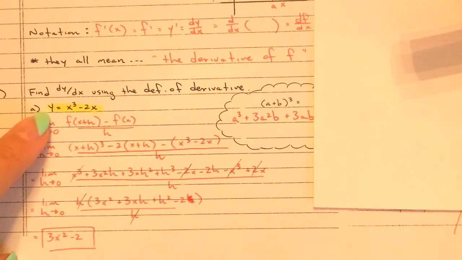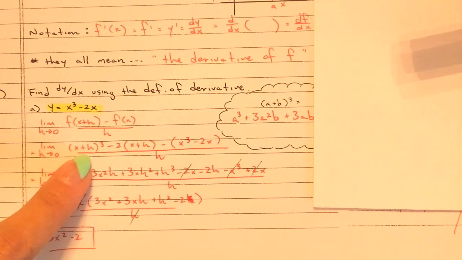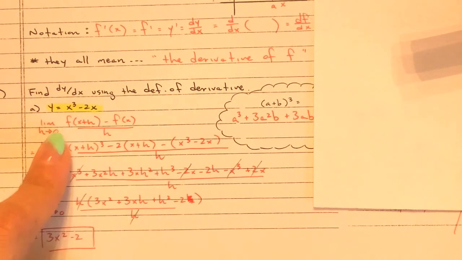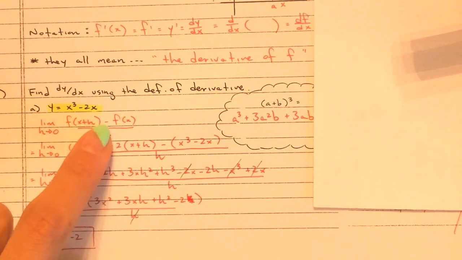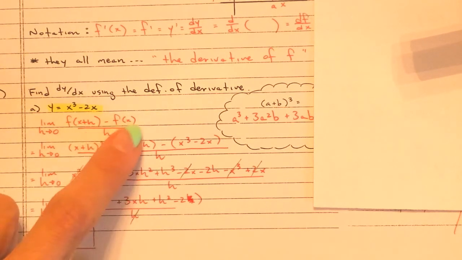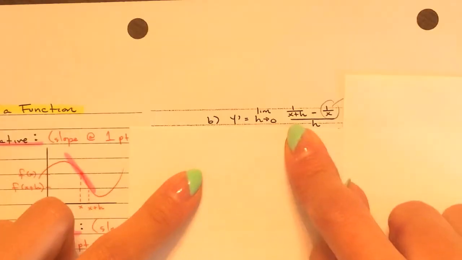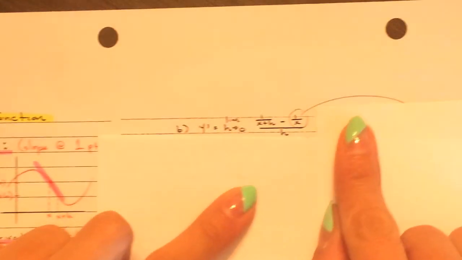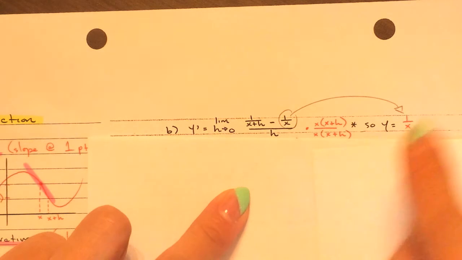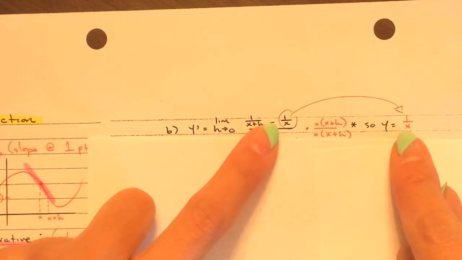You know how like this one, you had an original function and then you plugged it in? Well, what happens when you plug it in? This part is f of x minus f of x. So that is the original function. So I look over here. This must be the original function. So y equals 1 over x.